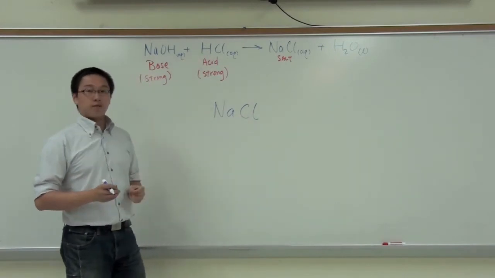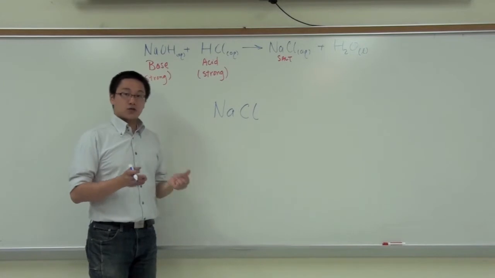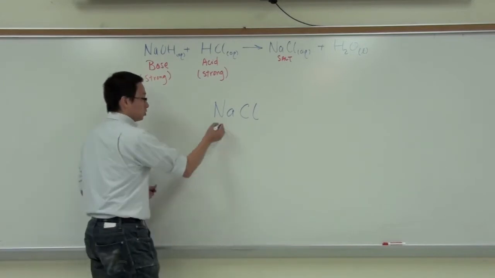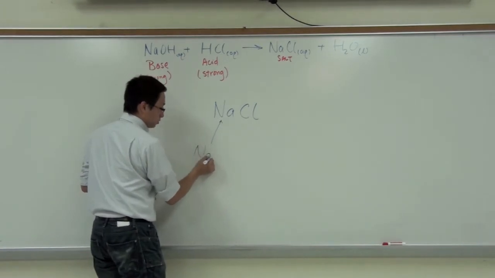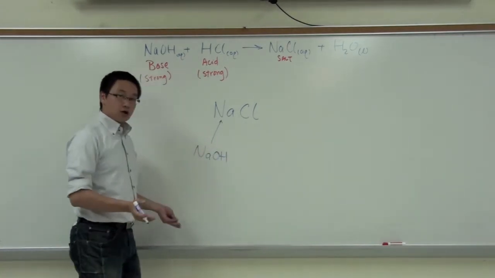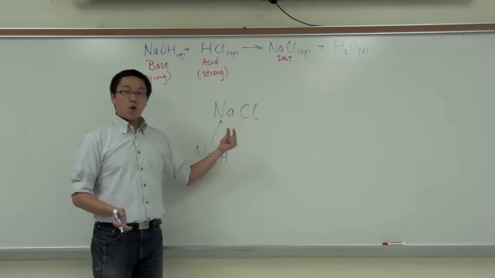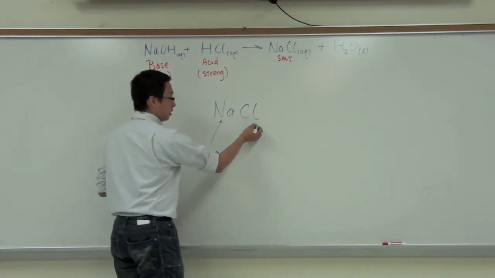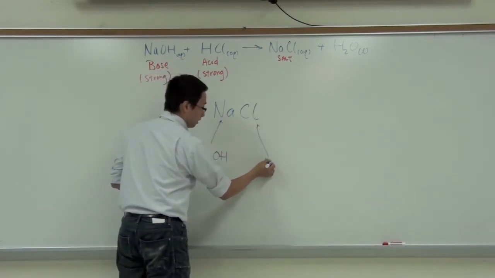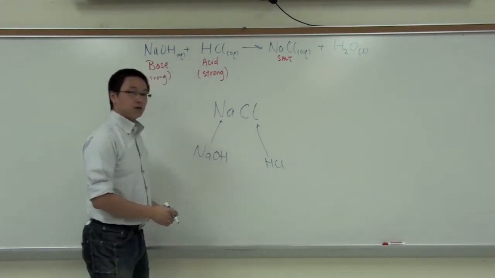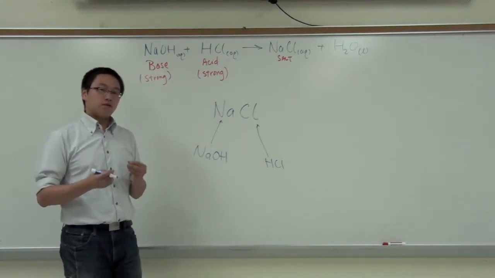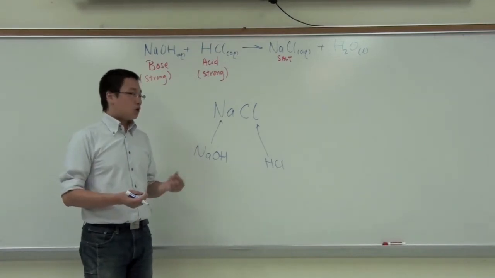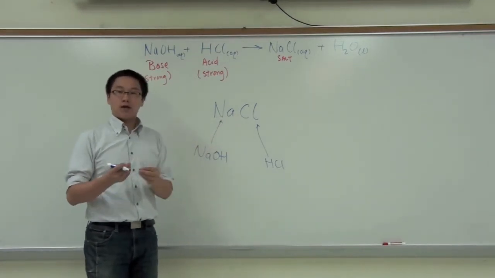With the equation given right here, it is a very simple task to understand. The sodium ion is coming from sodium hydroxide, and the chloride ion is coming from hydrochloric acid.